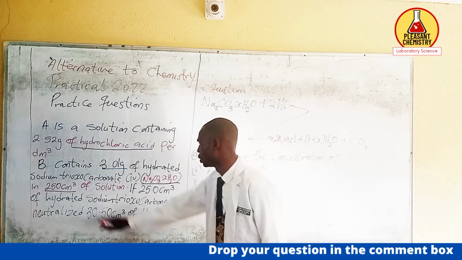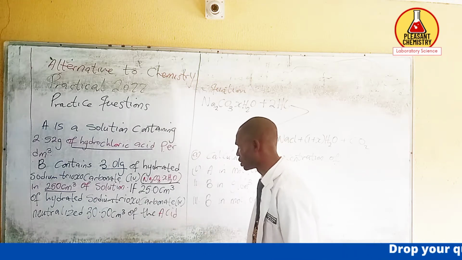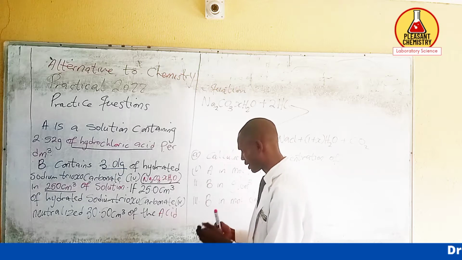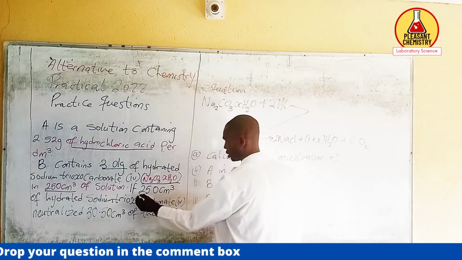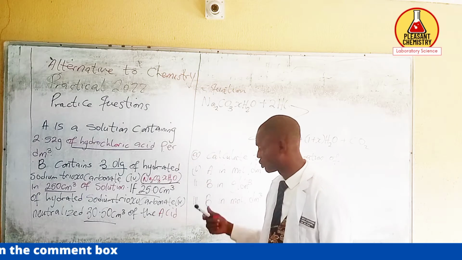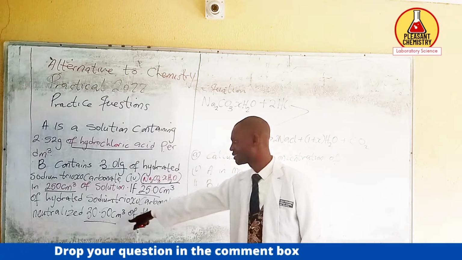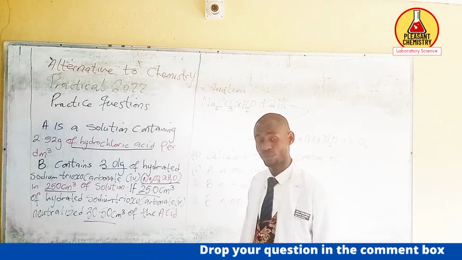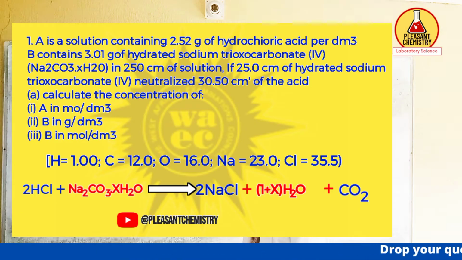So, if 25.0 cm cube of hydrated sodium trioxocarbonate(IV) neutralized... Now, there are two things here. One, this 25.0 cm cube is what represents the volume of base, which is the volume of the sodium trioxocarbonate(IV), and 30.50 cm cube represents the volume of the... excuse me.